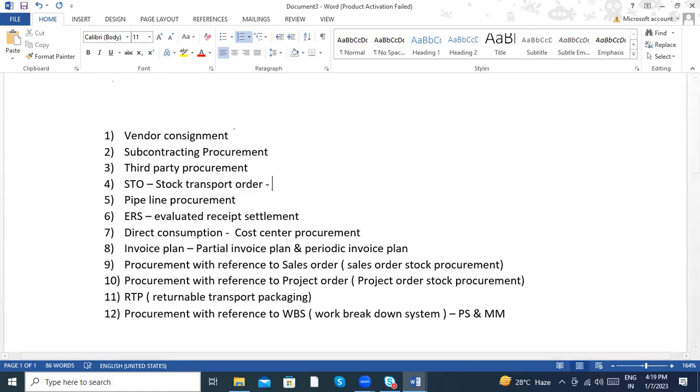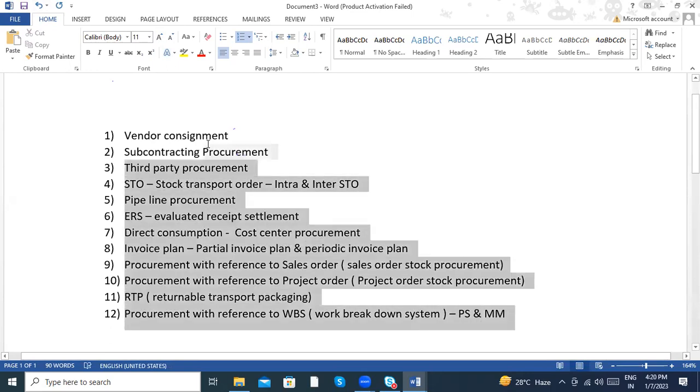Any other process we are missing? That's all. So these are the different kinds of processes.